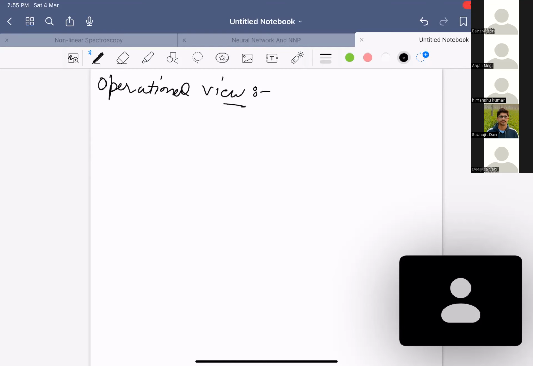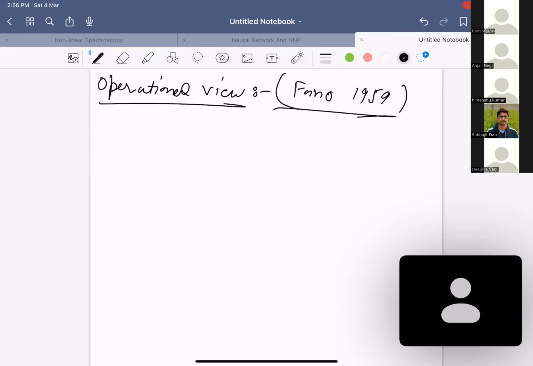It was introduced by Fano in 1959. Suppose we want to measure any system; there are certain parameters that we can measure.